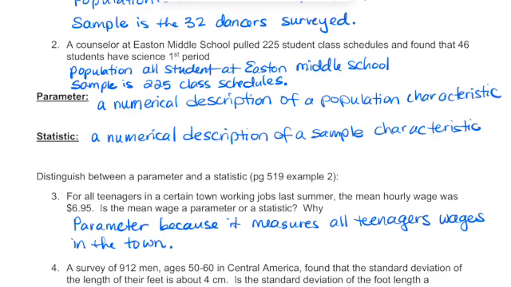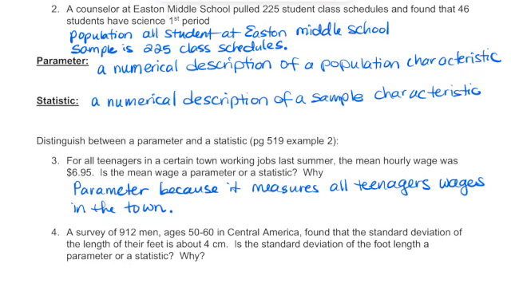A survey of 912 men ages 50 to 60 in Central America found that the standard deviation of the length of their feet is about 4 centimeters. Is the standard deviation of the foot length a parameter or a statistic? Why? This one is a statistic because it's not talking about all the men, it's talking about a subset of the men, right?